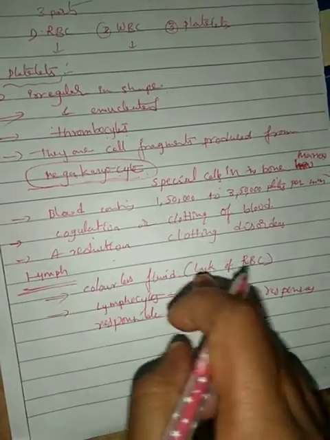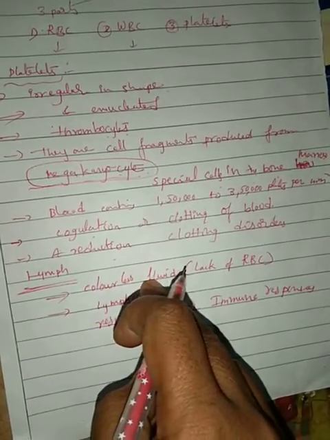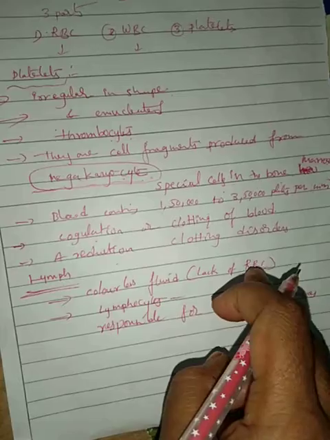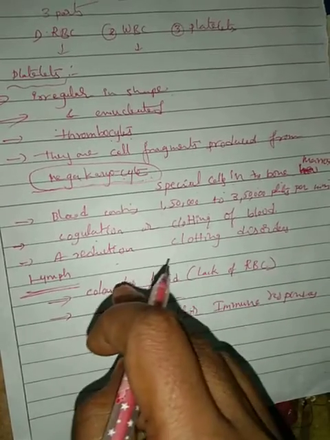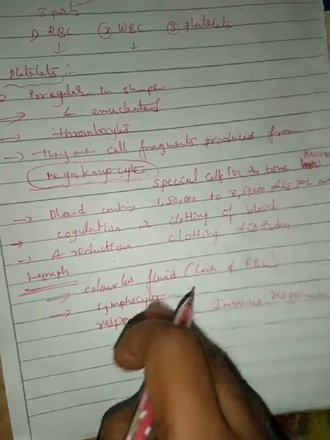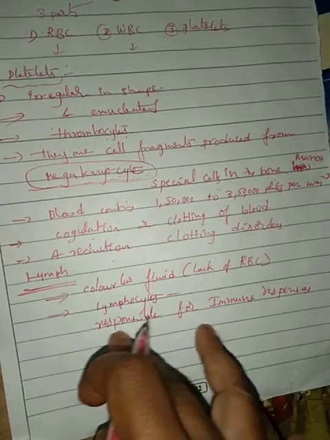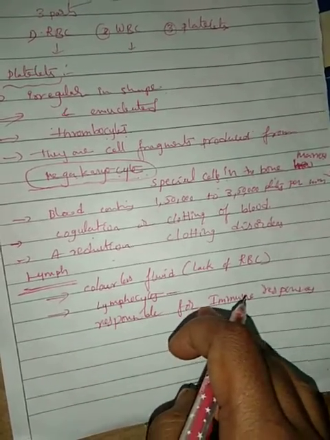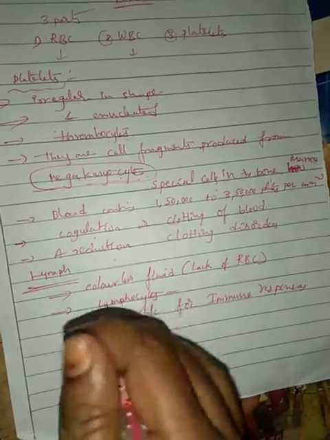Lymph is a colorless fluid. Why is it called the colorless fluid? Because it lacks RBC and it contains specialized cells, that is the lymphocytes. So their main function is to be responsible for the immune responses of the body.